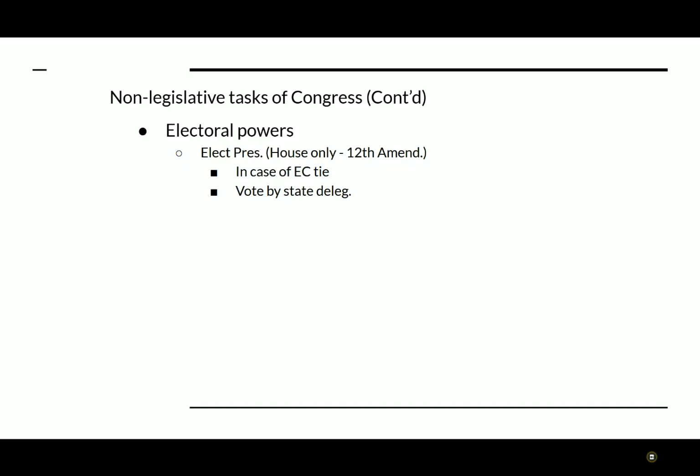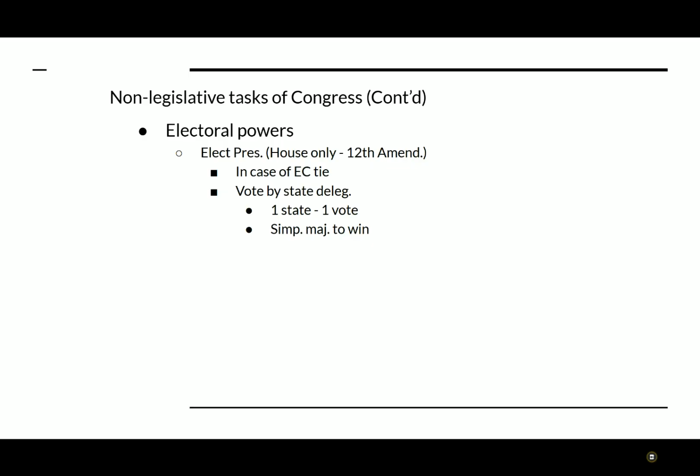And of course, we have 50 different state delegations. Now, in the case of electing the president, the population of the states doesn't matter, right? Each state gets one vote for president of the United States. And all it takes is a simple majority to win.